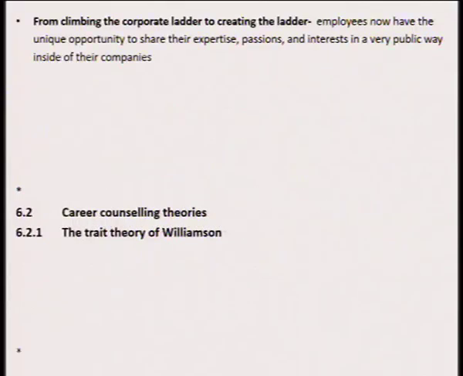And we look at climbing the corporate ladder, which now has become creating your own ladder. Employees now have the unique opportunity to share their expertise, passions and interests in a very public way inside their companies. We've also moved away from fragmented to being connected and engaged.